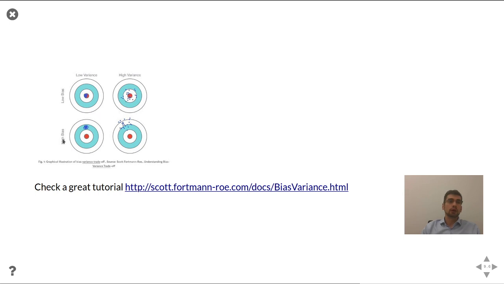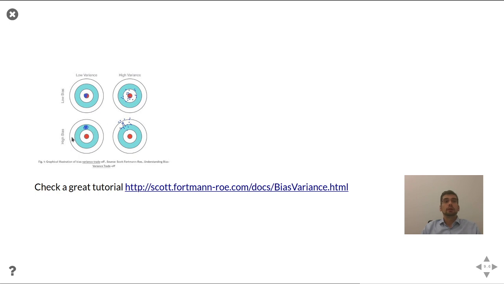And similarly, for high bias and low variance, you still have a really compact set of points, but this set of points is shifted from the right target.